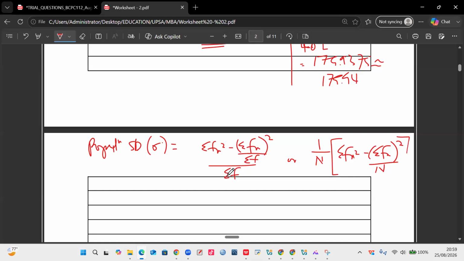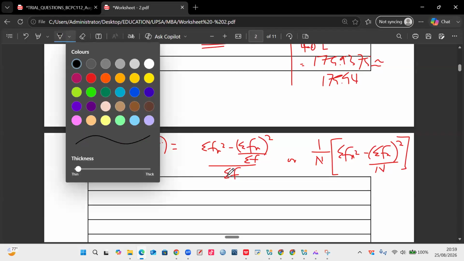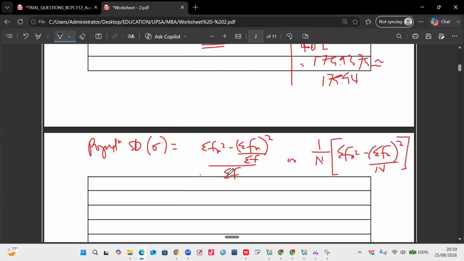This is the second one. And we are learning that this is the formula for the variance. The difference between the variance and standard deviation is that the standard deviation is the square root of the variance. So if I'm writing the standard deviation formula, I only have to write the variance formula and put it in a square root. So this is the standard deviation formula.